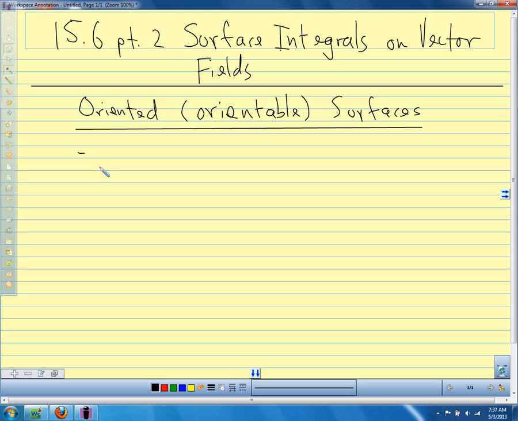The informal idea, the working definition of an oriented surface, is that it has two sides. And because it has two sides, it has two normal vectors at any point.